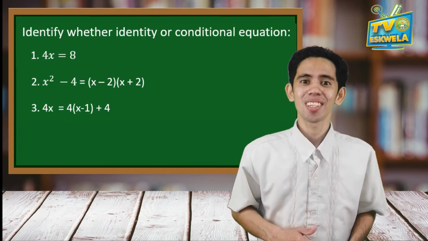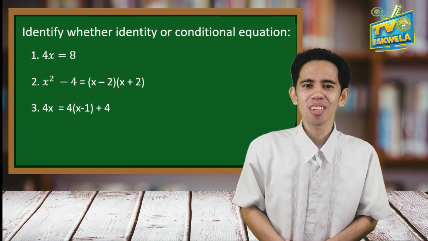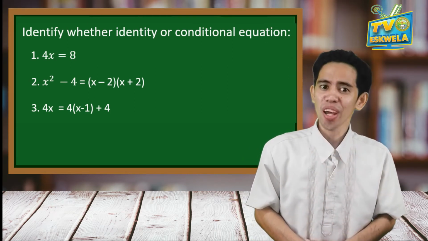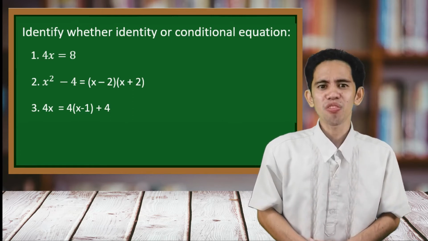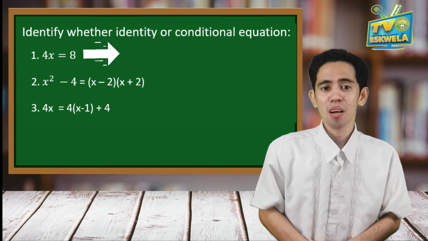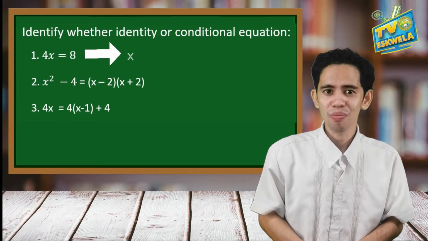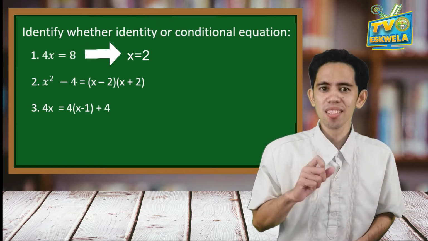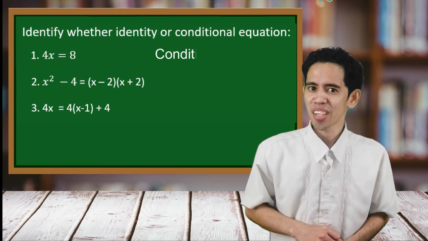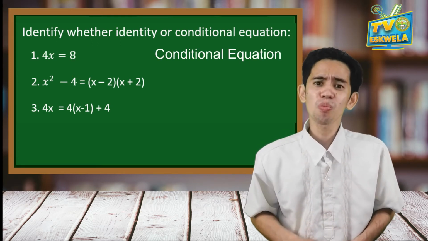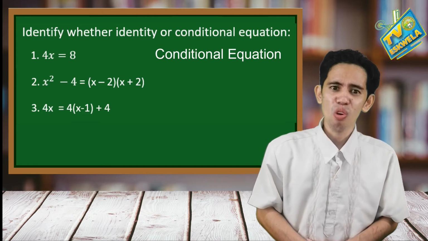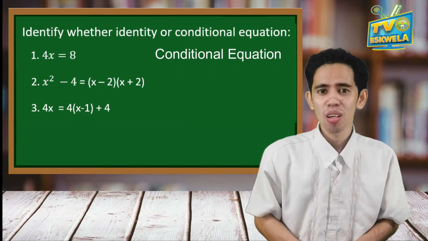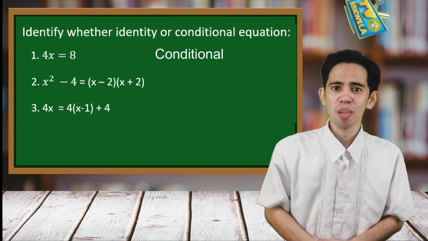Time's up! Very good! Now, let's check your answer. For our first example, 4x is equal to 8, simplify that and we have x is equal to 2. Since there is a specific value for variable x, that is a conditional equation. For number 2, x squared minus 4 is equal to quantity x minus 2 times quantity x plus 2.